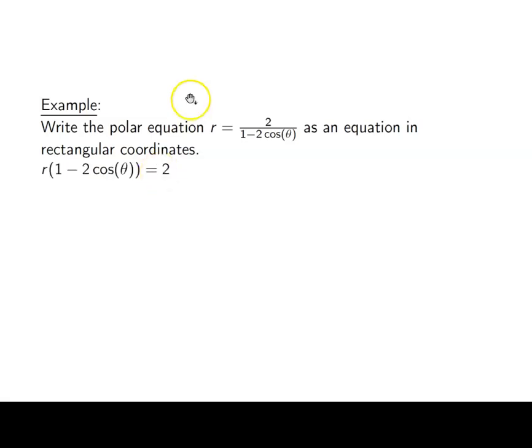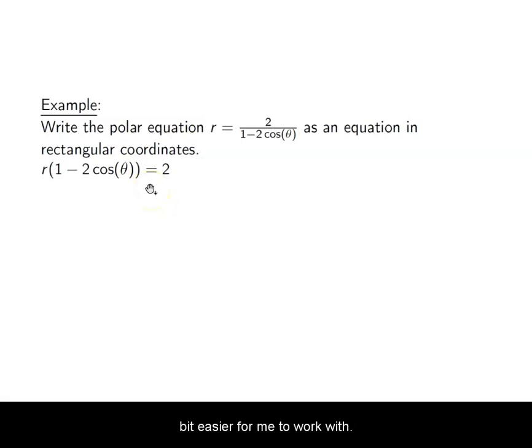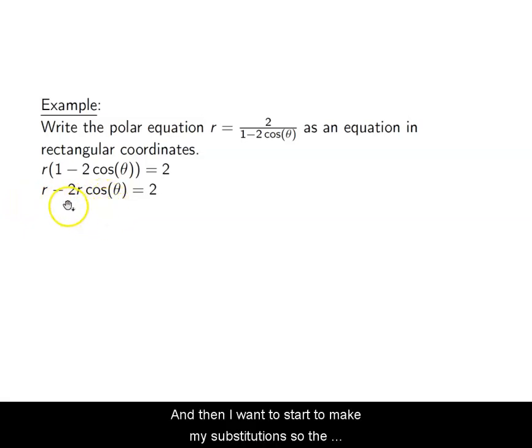Okay. So if I have my equation, I am going to multiply both sides times 1 minus 2 cosine theta. So it looks like this, just so that it's a little bit easier for me to work with. I'll go ahead and distribute this r, and then I want to start to make my substitutions. The reason I did that was because here I didn't have r cosine.